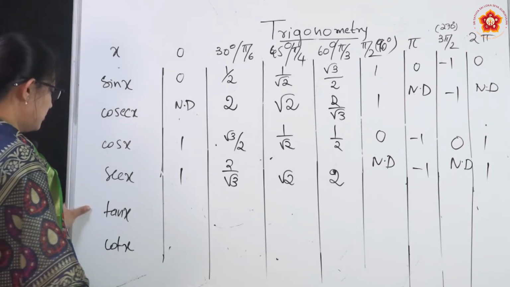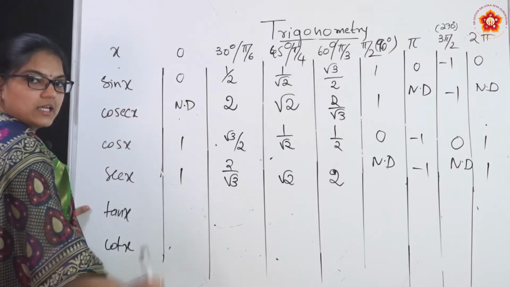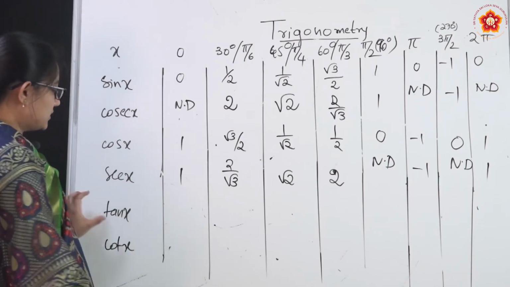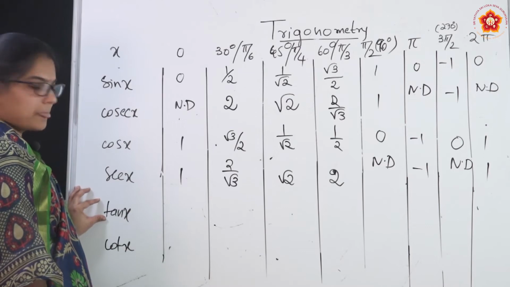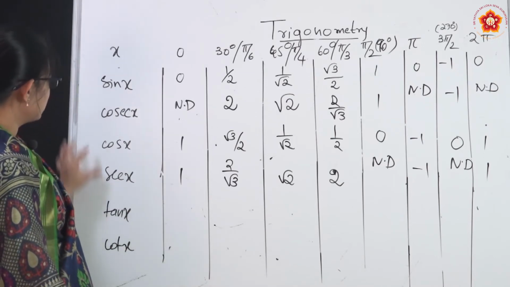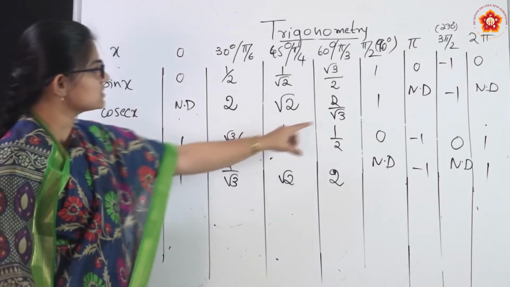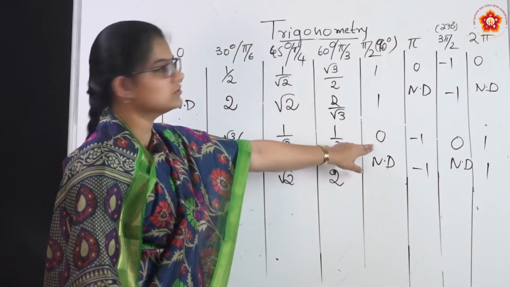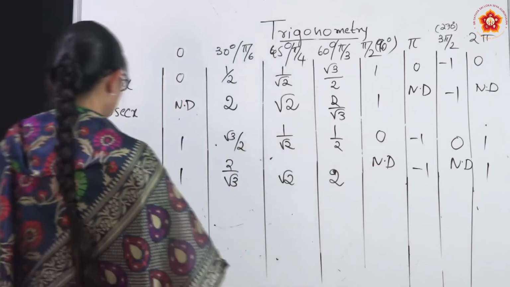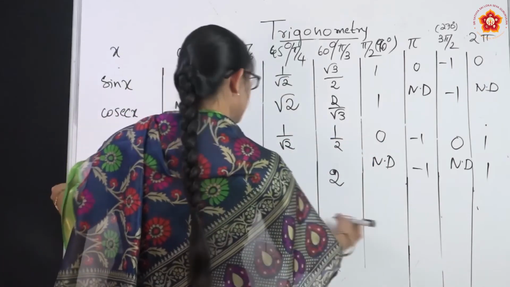Now tan x is sin x by cos x, right, and it is not defined where cos x is equal to 0. So where will cos x be equal to 0? Cos x is 0 at the odd multiples of pi by 2, that is pi by 2 and 3 pi by 2. So there tan x will be not defined.